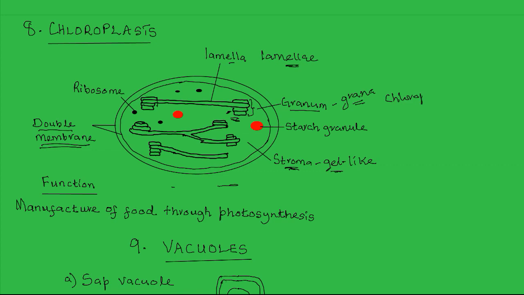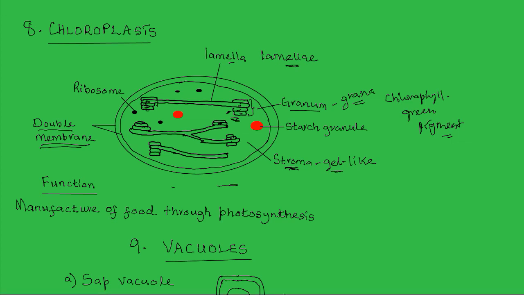Now, chlorophyll is a molecule. It is a green pigment. A pigment is a colored body. So within the grana, there are many chlorophyll molecules.